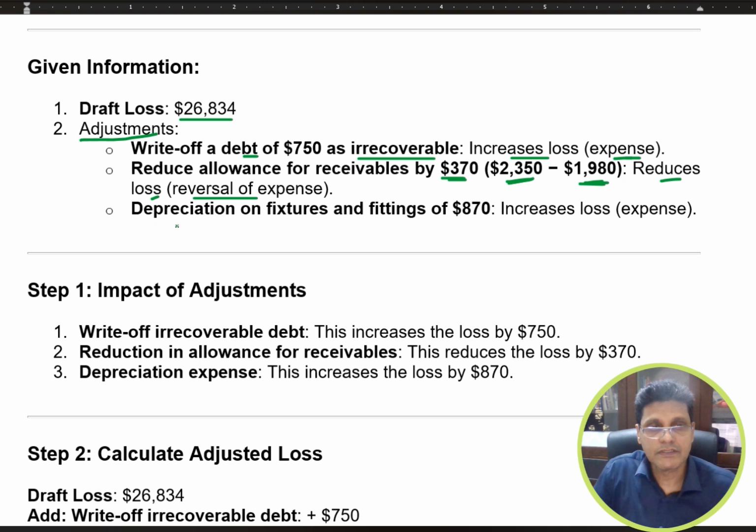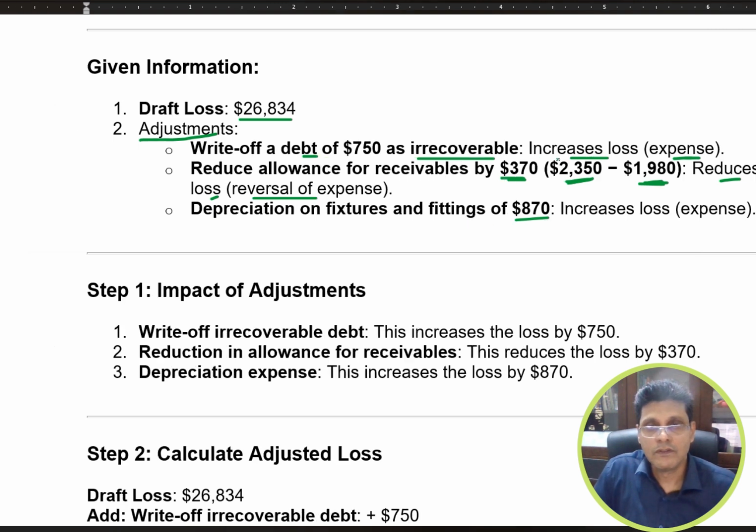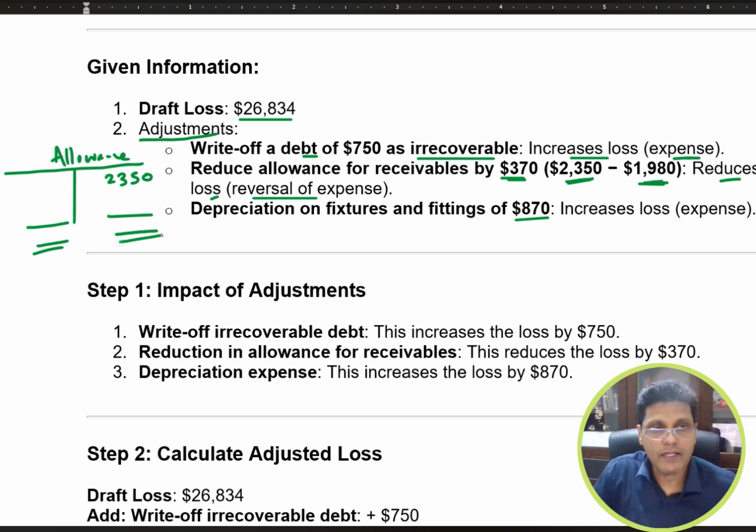The third adjustment is depreciation on fixtures and fittings of $870. When you take the allowance account, the opening balance is a credit balance of 2,350. When you make the closing balance 1,980, this is the brought forward balance and this is the carried forward balance.